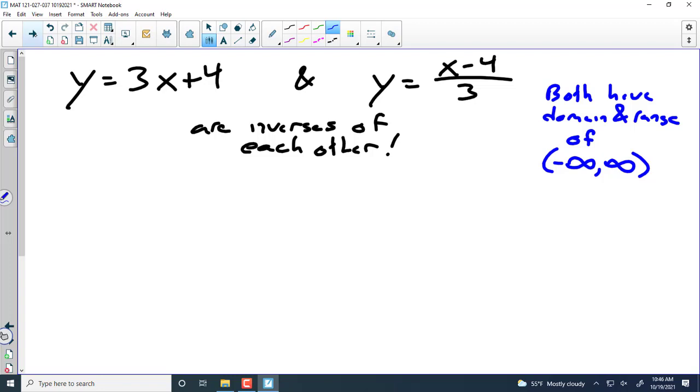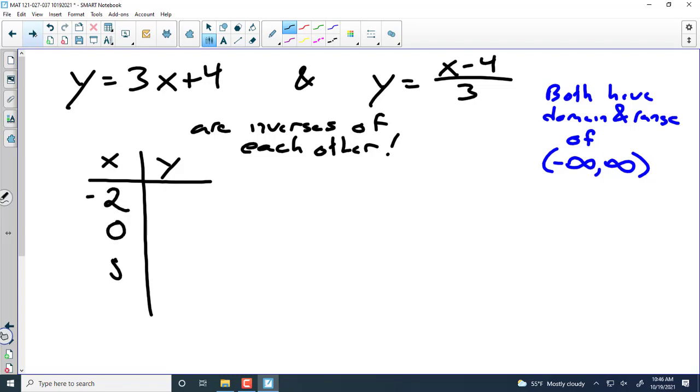So you're not going to notice anything really cool if you change the domain and range because they're identical. But here's what's cool about inverses, and here's what makes these inverses. I'm going to plug some numbers into this right here, and I can plug anything I want because it's a line. So I'll do -2, 0, and 5 and a -1. Each one of these numbers I'm going to multiply by 3 and add 4 to it.